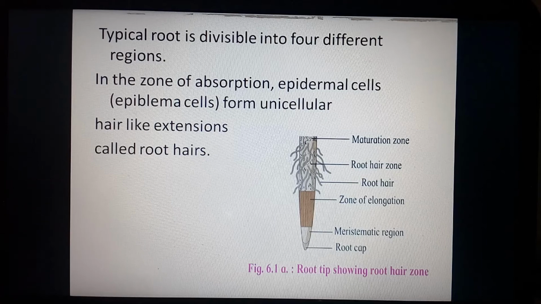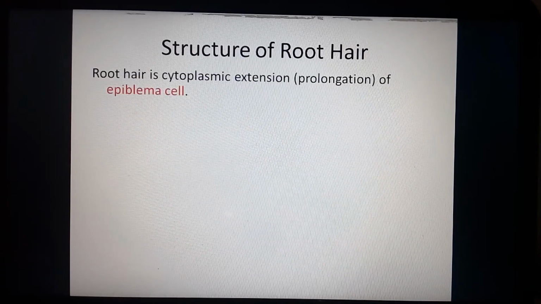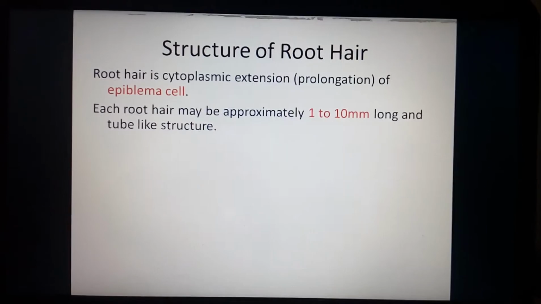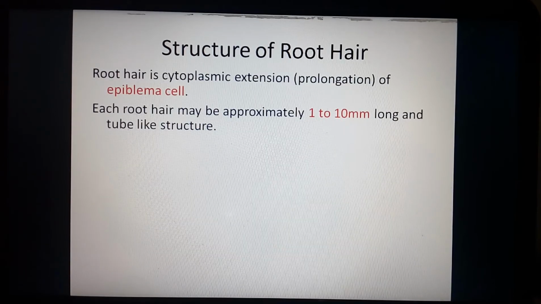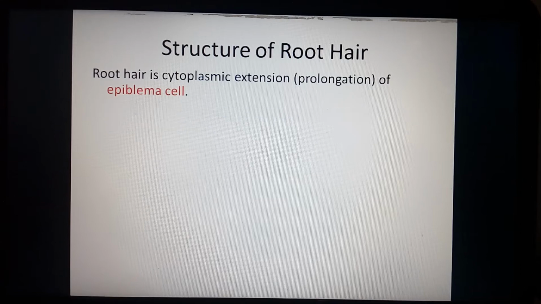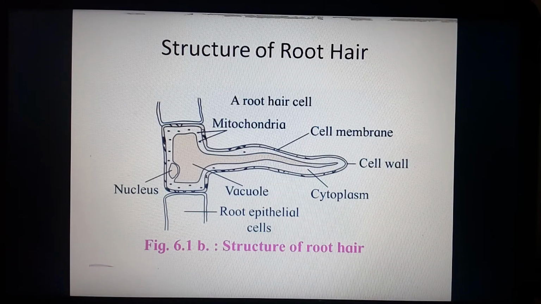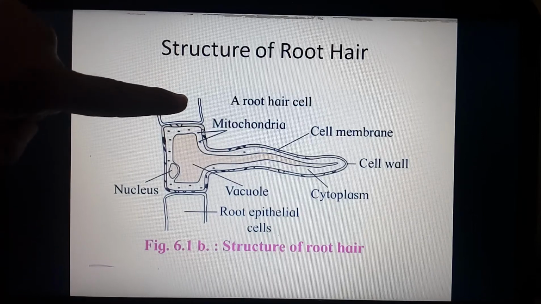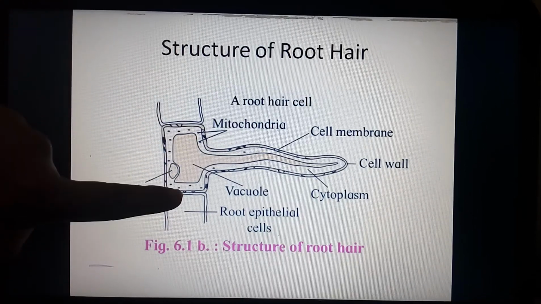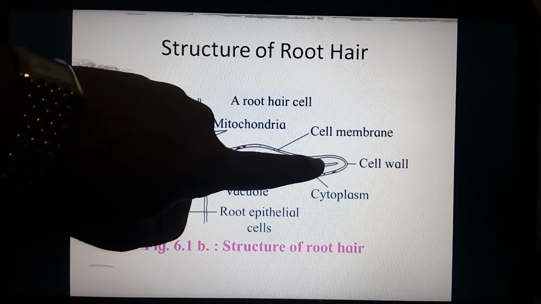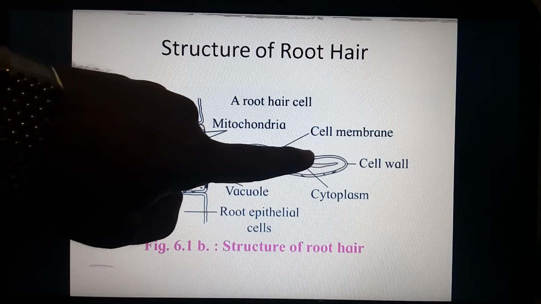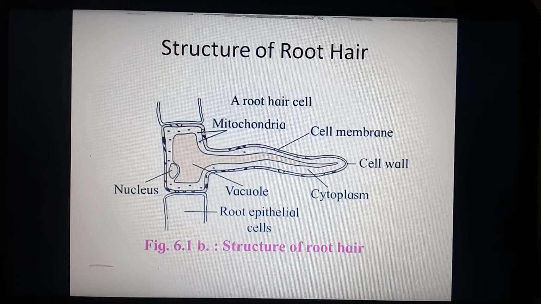If we take the typical structure of a root hair, one can observe the root hair shows its growth from the epiblema. Epiblema is the outermost covering of the root. From this outer covering of the root, which is called epiblema, there is a formation of an extension, and this extension is called root hair.